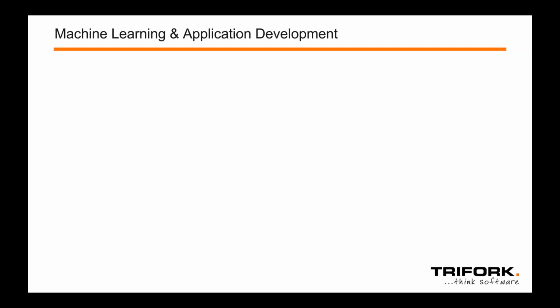So if we look at the difference between developing an application with machine learning features and your standard run-of-the-mill application, then we can see that in your regular application development, there are very clear expectations.